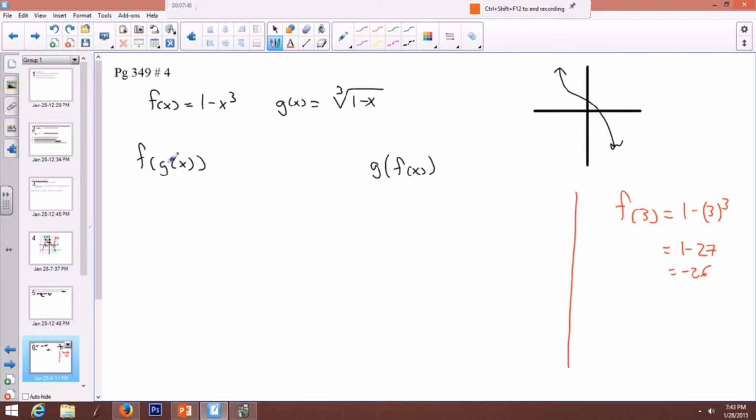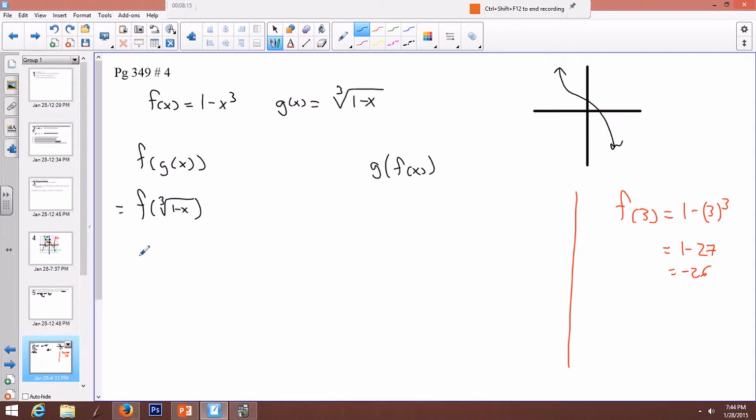But when we compose a function with another function, instead of plugging in the number, we're going to plug in this entire expression. So we have f of, not g, but the expression for g: the third root of 1 minus x.